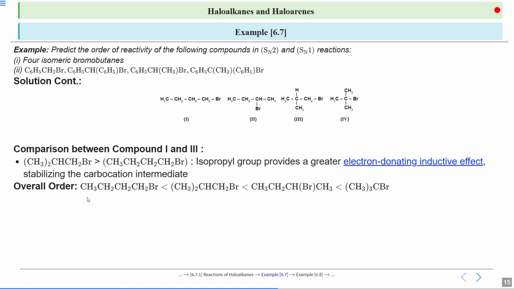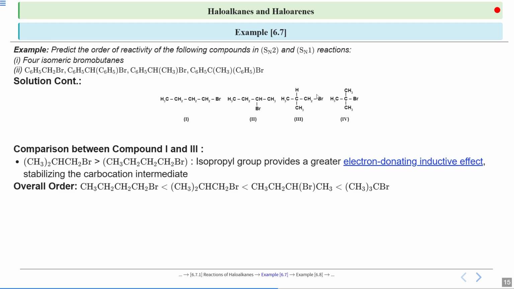So we can finally write the overall order between these 4 isomeric bromobutanes. The tertiary halide is actually most reactive because the tertiary carbocation is most stable. Then comes the secondary carbocation, which is your 2nd compound.